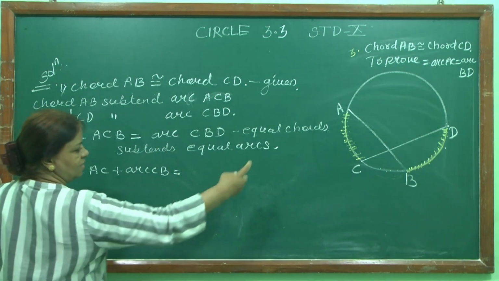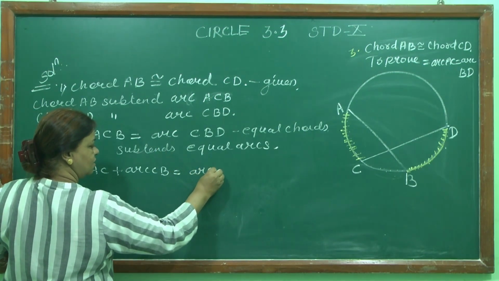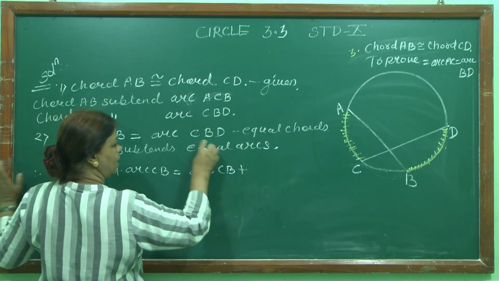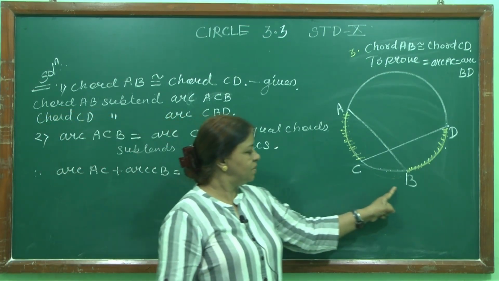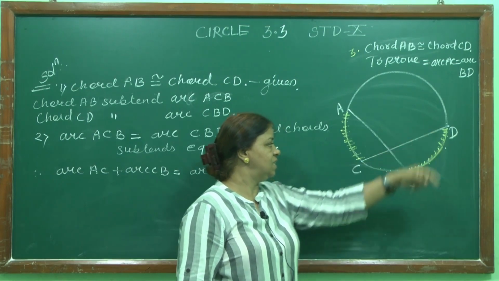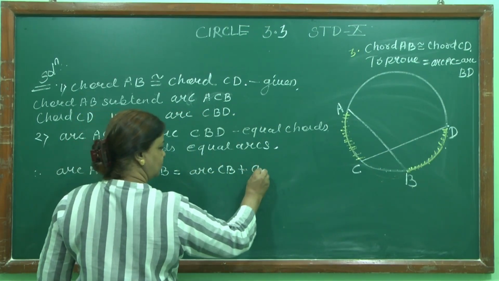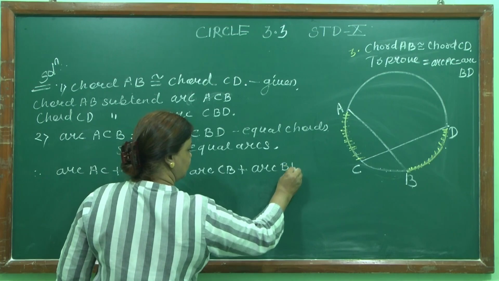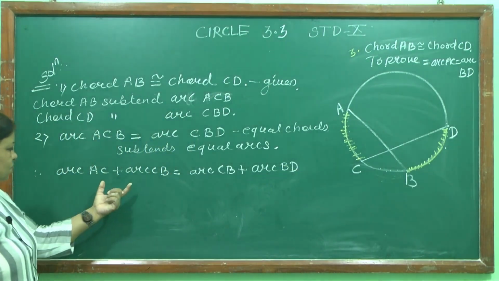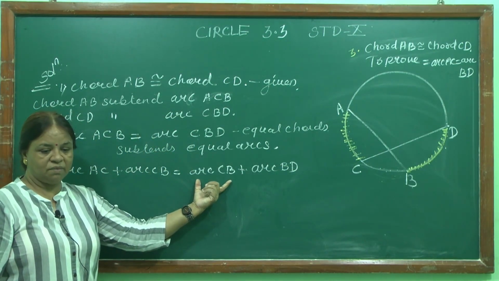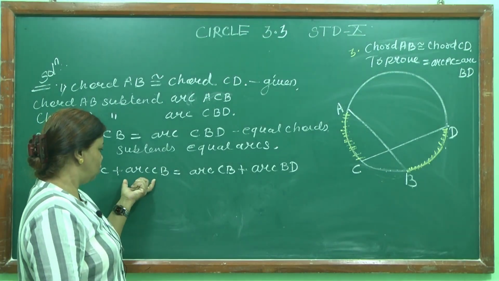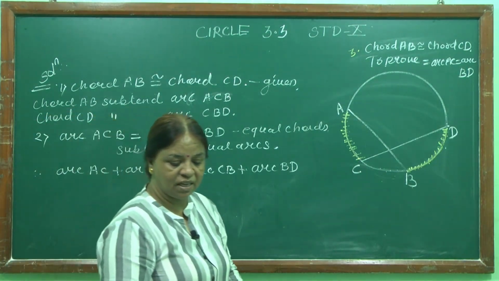Below this I'll write arc CBD. CBD is made up of what? CB plus BD. Now see here, CB and CB are common in both. Here also CB is there, here also CB is there.